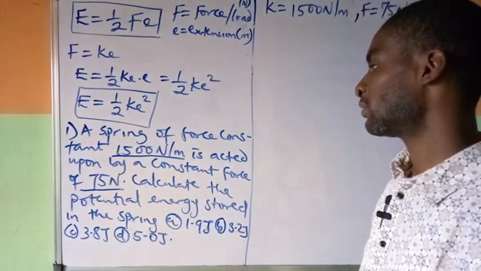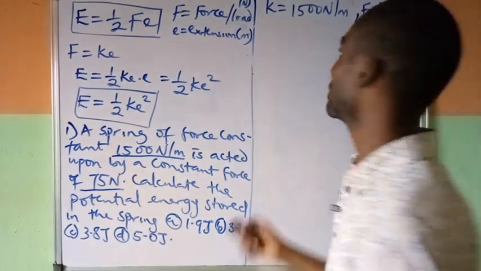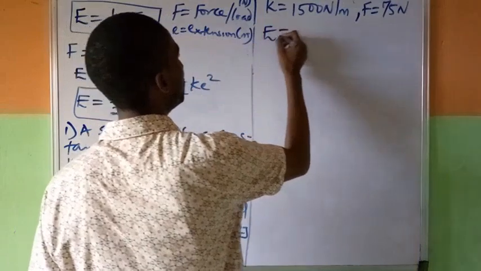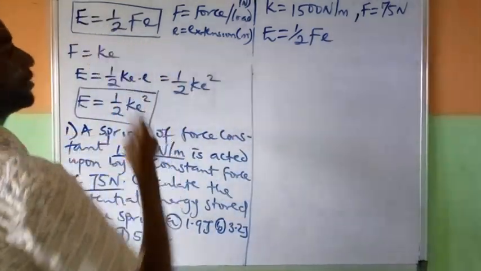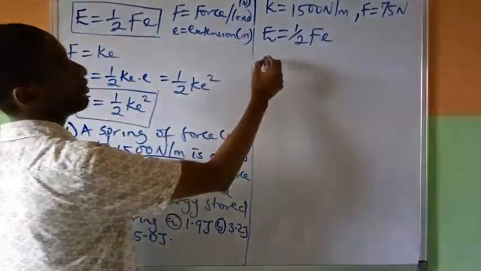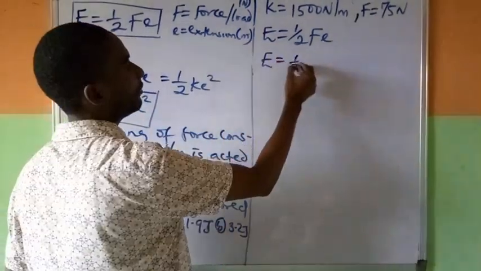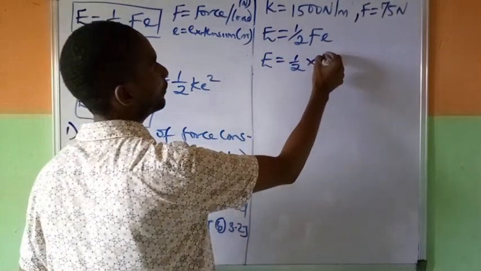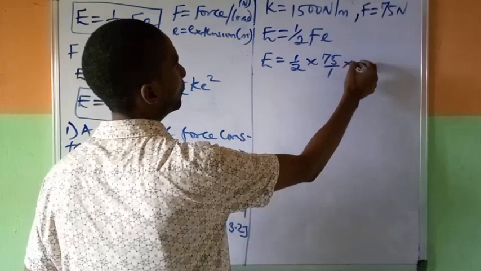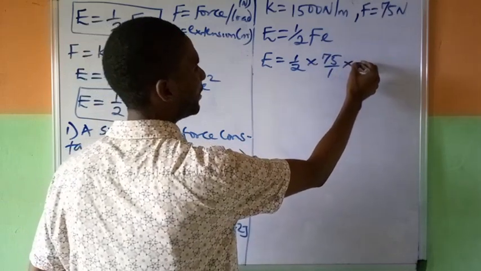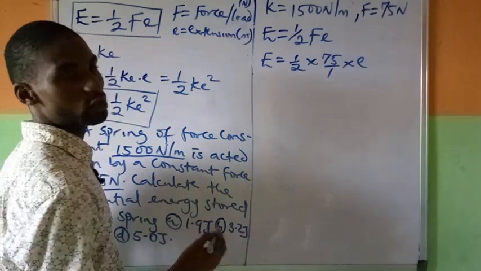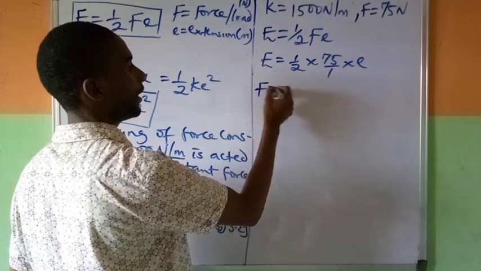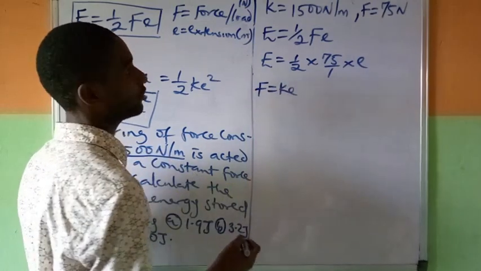Then you were asked to calculate the potential energy stored. You remember the formula: energy stored is half Fe. So our energy is going to be half times the force, 75 over 1, times the extension. But we do not have the extension. So we quickly use F equals Ke to get the extension.